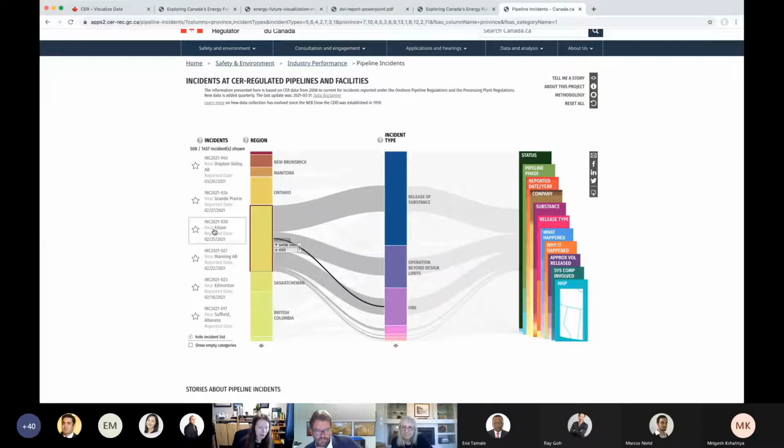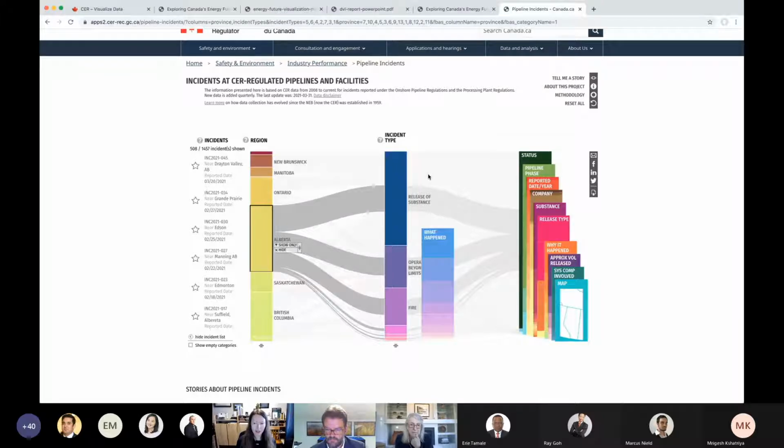So what I'm looking at here is a fire near Edson, and these incidents can be of various severity. I know one of these fire incidents is somebody drove a lawnmower onto the territory of a pipeline and it caught fire. But all of this has to be reported.